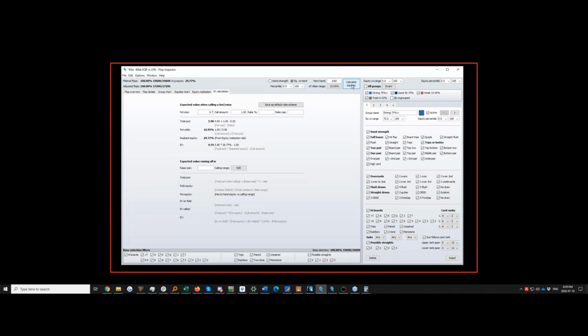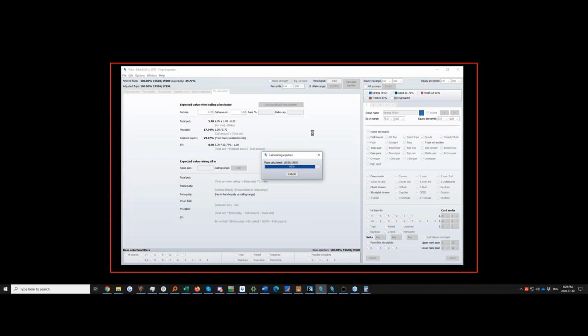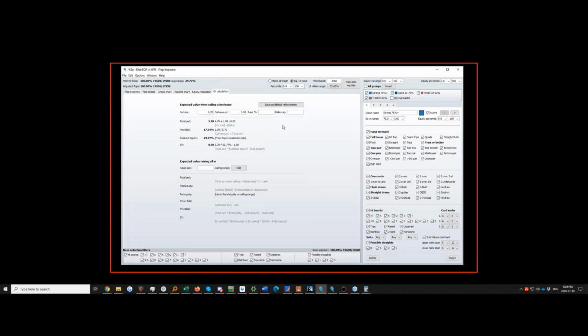Let's just calculate again. According to this, the required equity, with the pot that you're getting at 5.7, is 17.5%, and you're realizing with your Jack 6 about 29% equity.